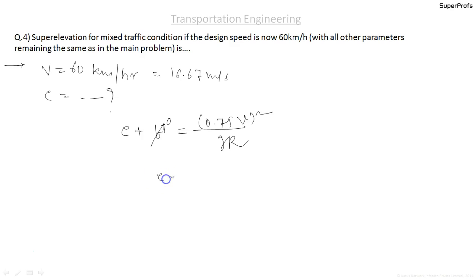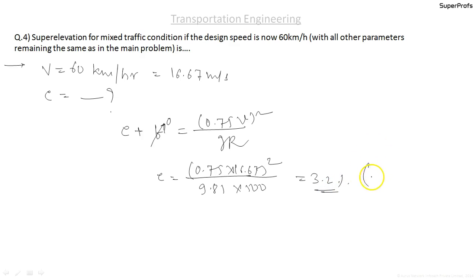So E equals 0.75 into 16.67 square upon 9.81 into 500, which equals 3.2%.